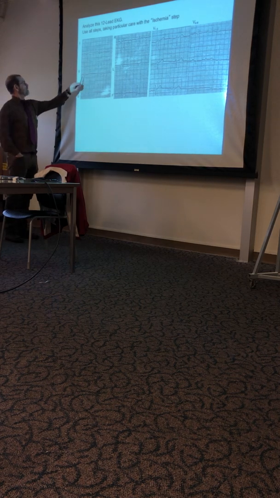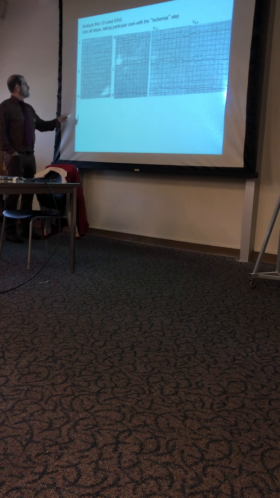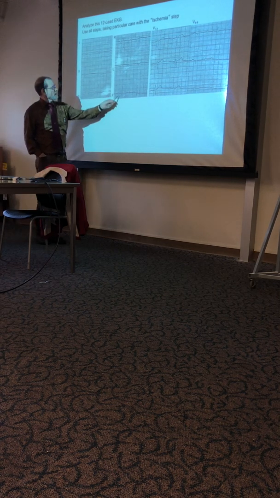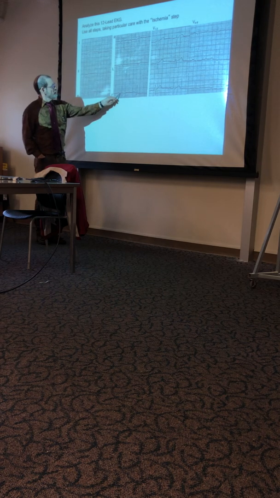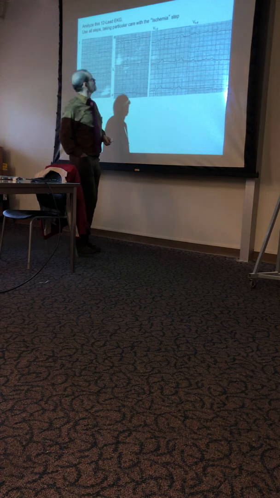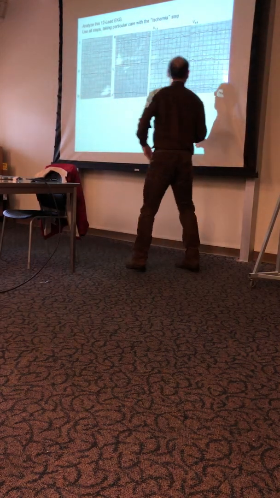Notice you see a little bit of daylight there, but you don't see it here. So I'm not sure. Again, you see a little daylight there. I'm looking at every lead. We'll come back and do T waves in a moment, but right now I'm looking for cues.